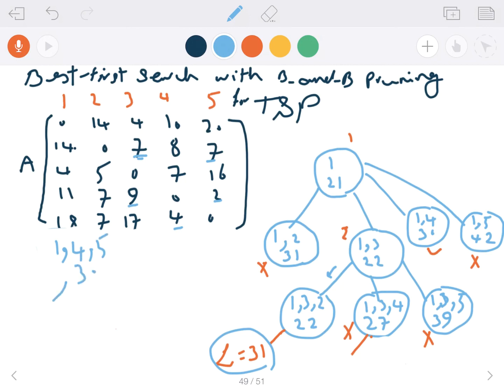If we expand this node, we can either go to 1, 4, 5, 3, then we don't have any options except going to 2 and going to 1, or we can go this path, going from 1, 4, 5 to 2, and there's no other option except going to 3 and going back to node 1.